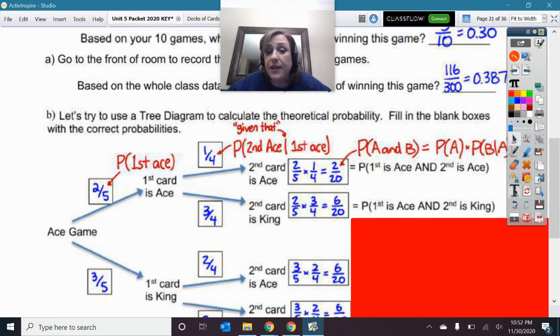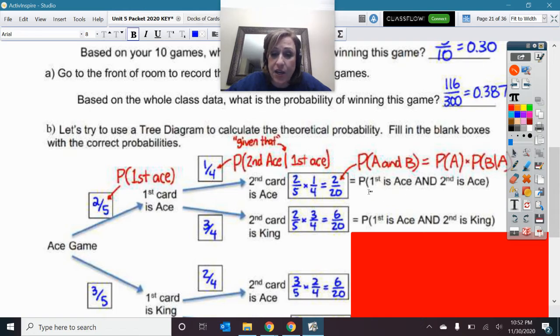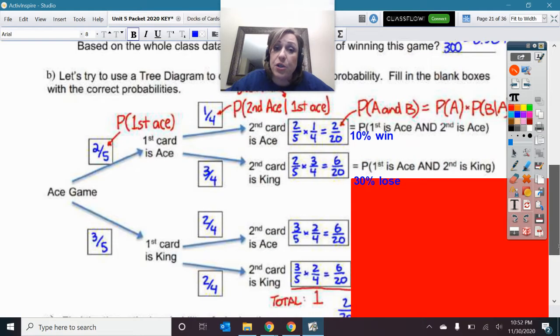So we could also kind of keep track of that here, and I like to. So this one here, 10% of the time, and we'll win. That's what's happening here. And then on this one, we've got, what did we say? It was 30%, and we lose. Okay, so let's continue.